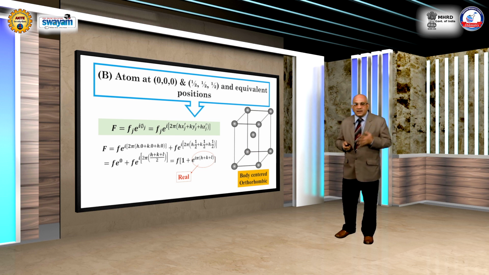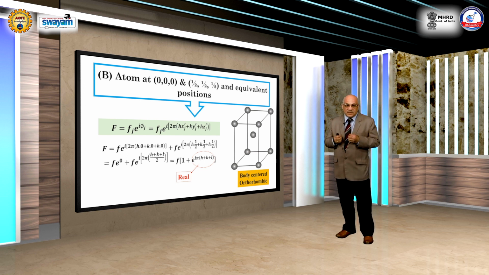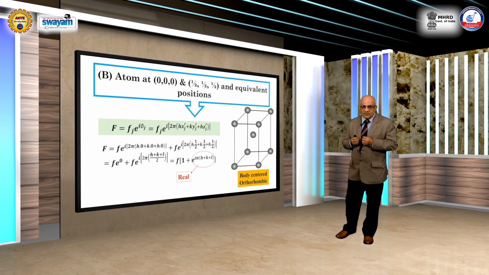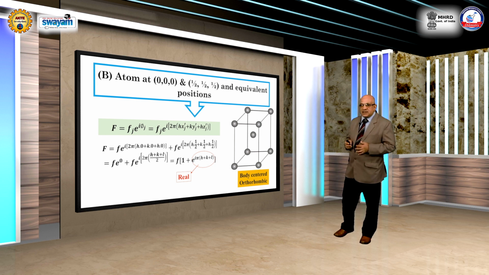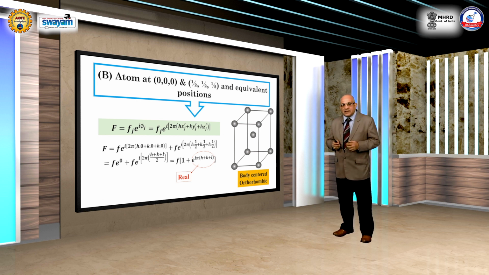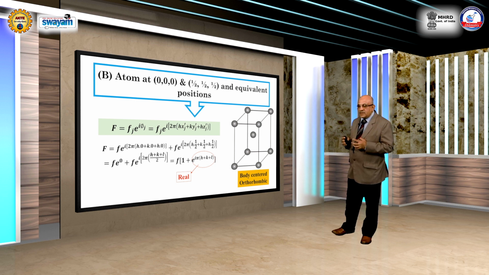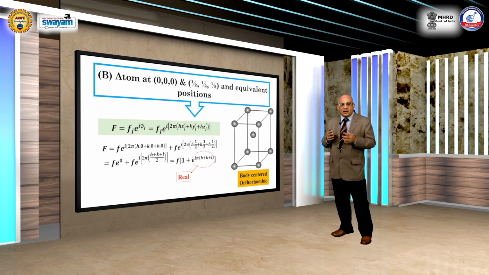However, for a body centered structure like that, there are two atomic positions to be taken care of, one is the atomic position at 0 0 0 and the other is at the body center, at half half half. That means x, y, z are all half half half.